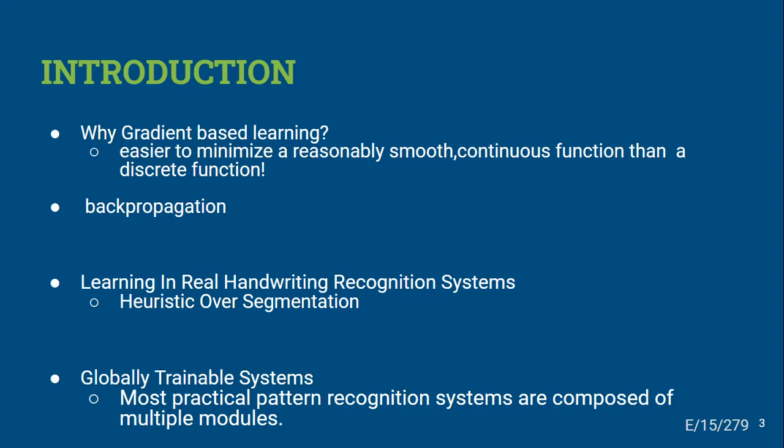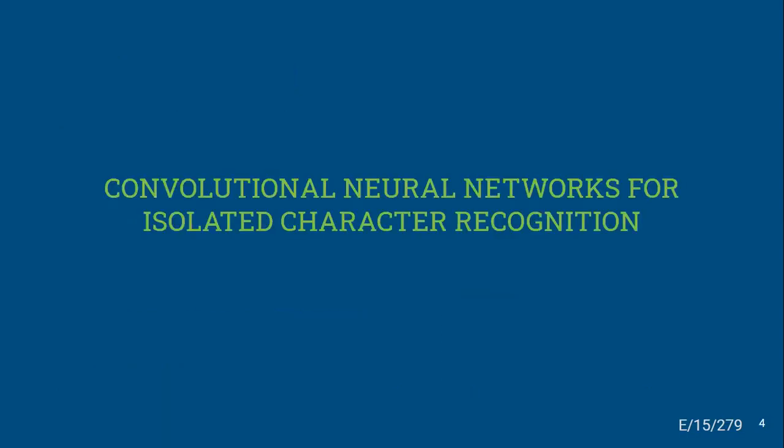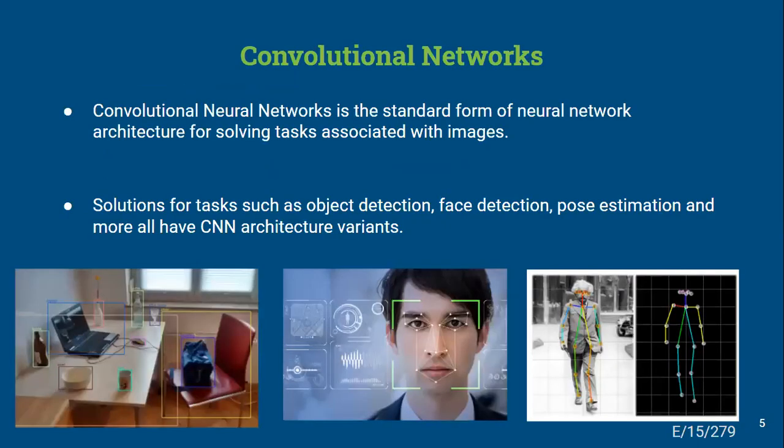Let's move to the major part of this paper, convolutional neural networks for isolated character recognition. They discuss this in three parts. They are convolutional network, LeNet5 architecture, and loss function. So what is a convolutional neural network?